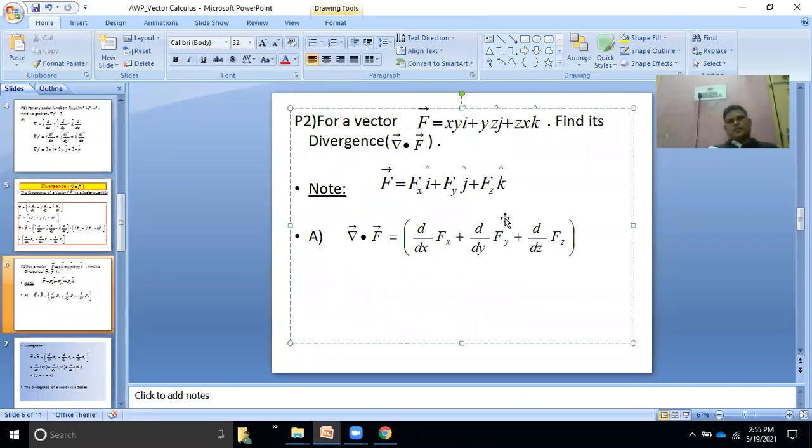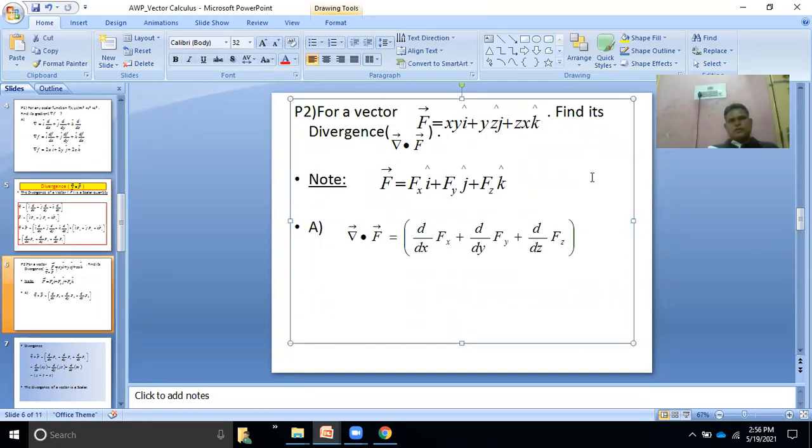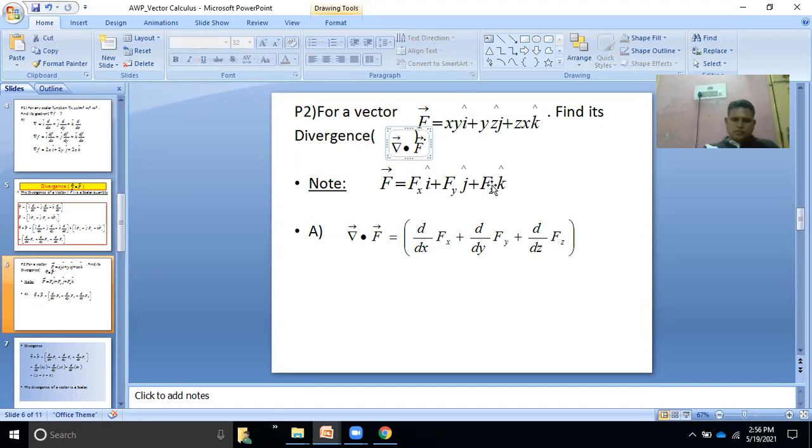For a vector f equal to xy i cap, where i cap is the unit vector in the x direction, plus yz j cap, where j cap is the unit vector in the y direction, plus zx k cap, where k cap is the unit vector in the z direction.